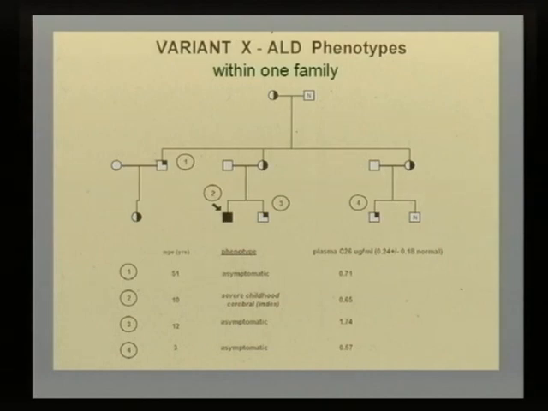What is a striking feature here is he has a maternal uncle who is a police officer in Buffalo, 54 at that time, does all the things that policemen do, chases down criminals, and he was found to have the biochemical abnormality.